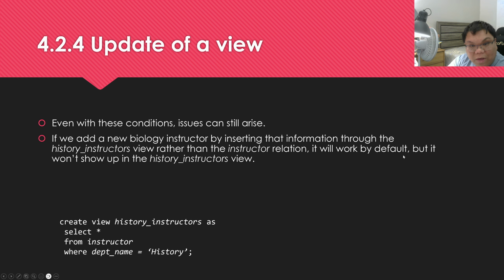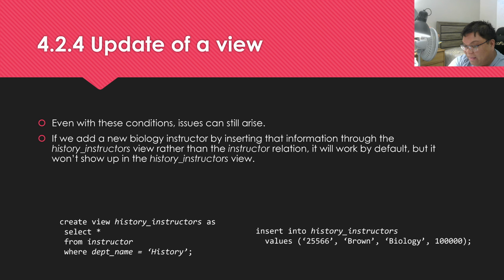However, even with these conditions, issues can still arise. We have this view of history instructors, but how it's defined doesn't stop us from adding biology instructors through it. So this will work, but it feels off to add biology instructors through the history department.